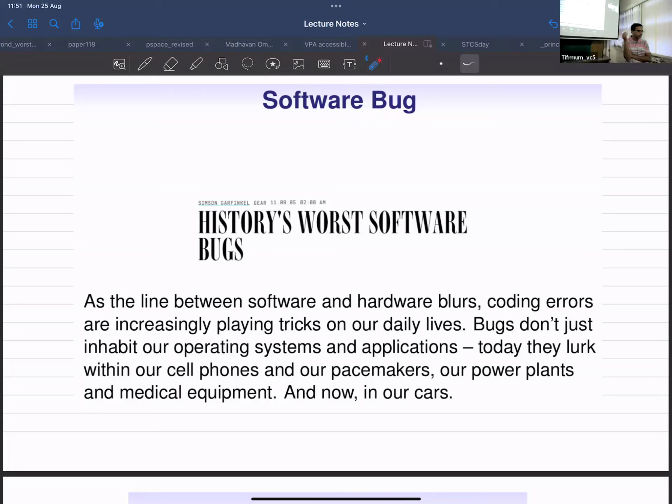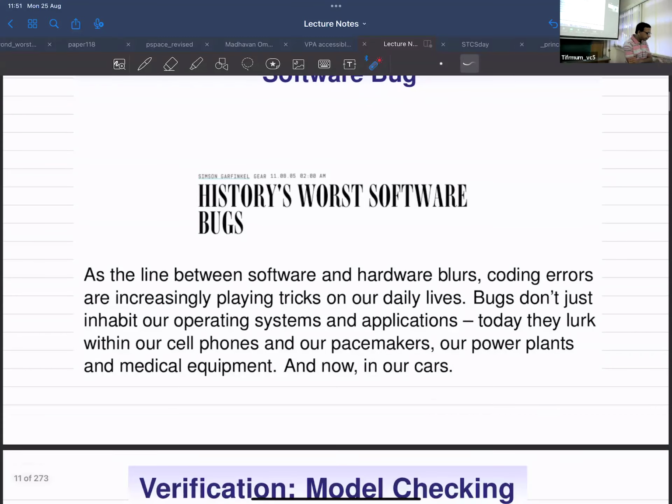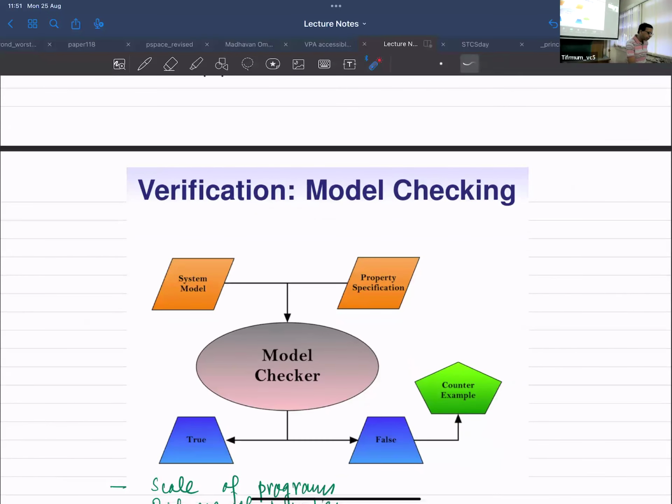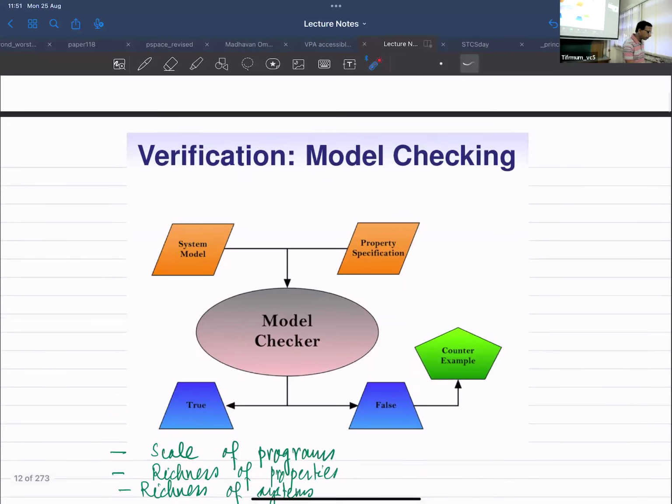It was again a verification problem. The article asks where the bugs lie these days: operating systems, applications, cell phones, pacemakers, PowerPoints, medical equipment, power plants, and also our cars. So as software is ubiquitous, these bugs are also ubiquitous.